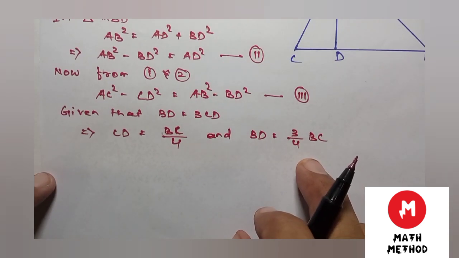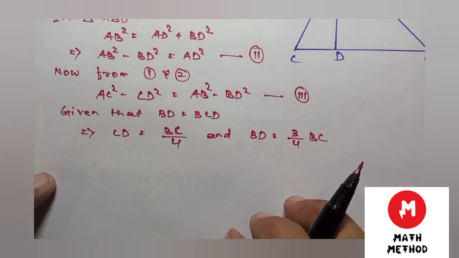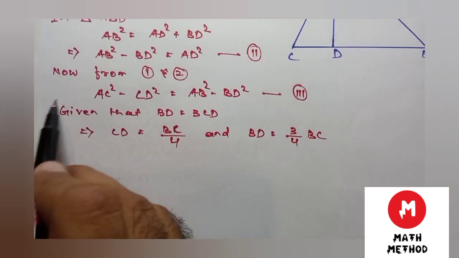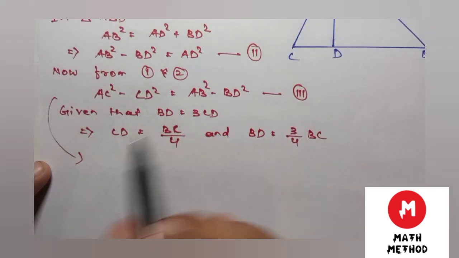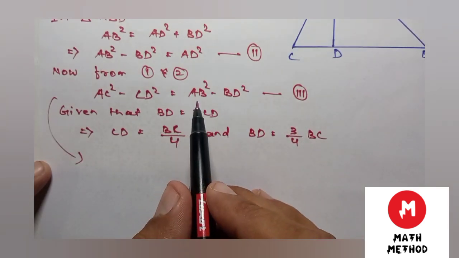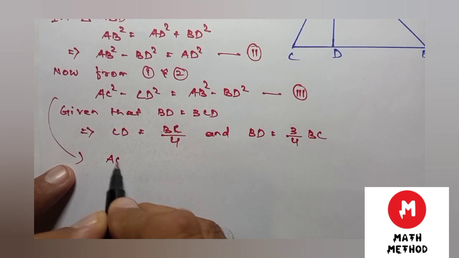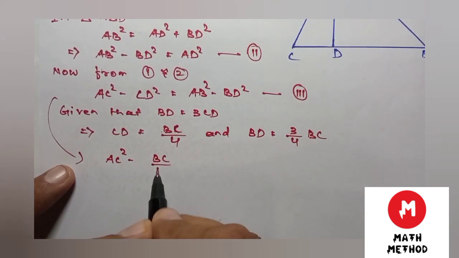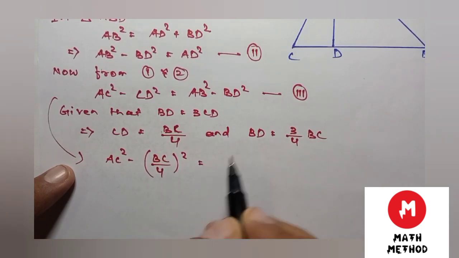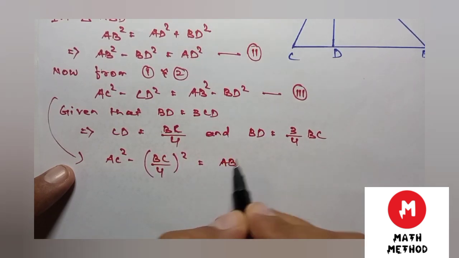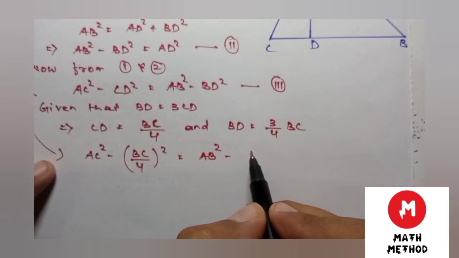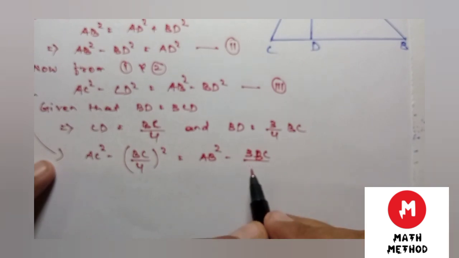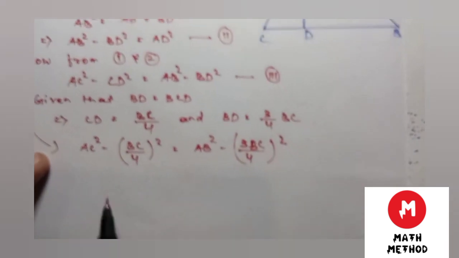Now from equations 3 and 4 we will put the values of CD and BD in equation 3. We will get AC square minus, here CD is equal to BC by 4, whole square, is equal to AB square minus 3BC by 4 whole square.